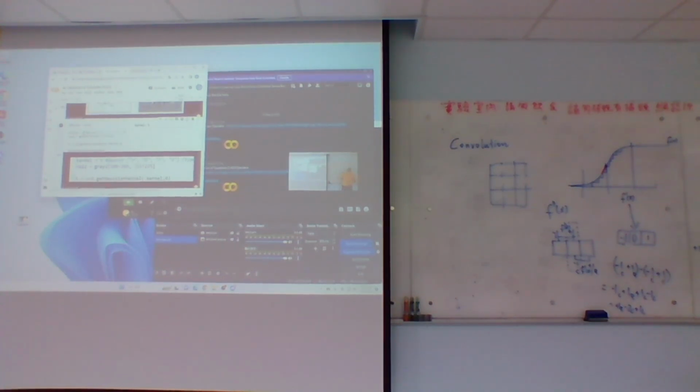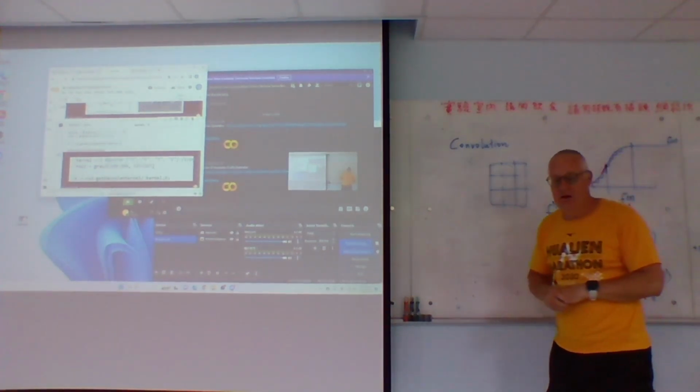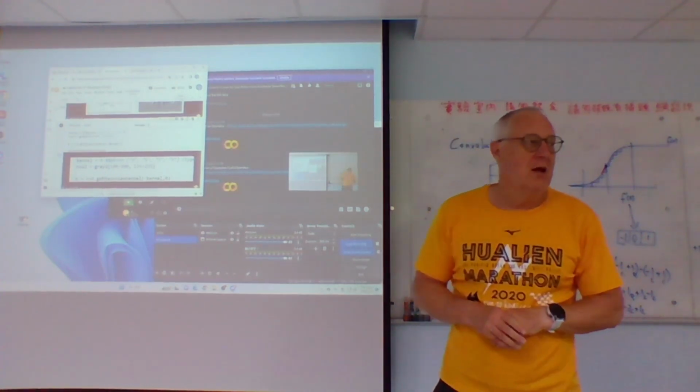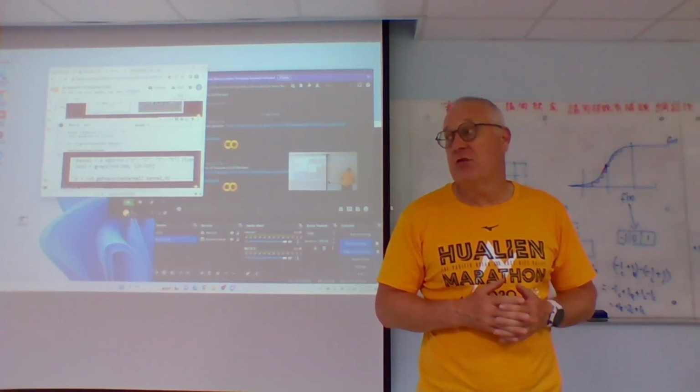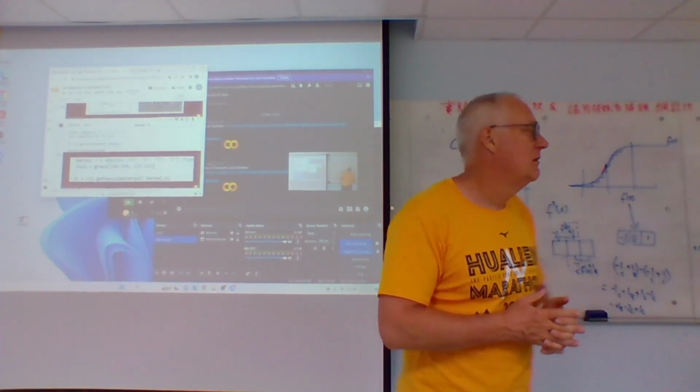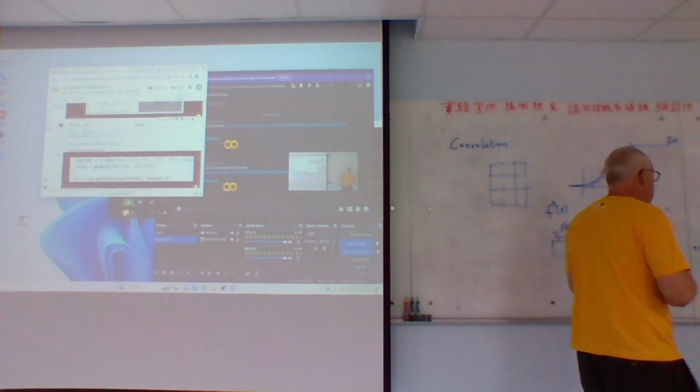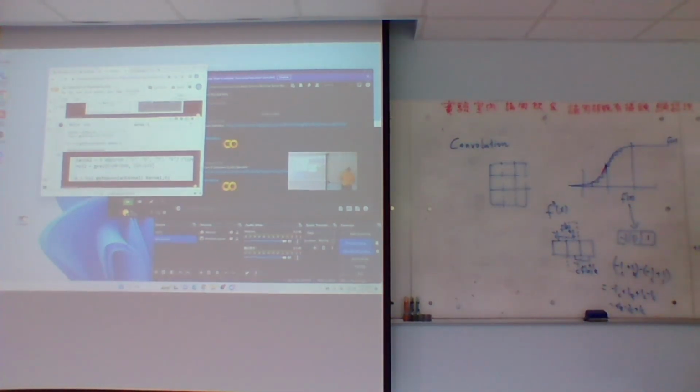So if noise is such a big problem that it will make my Laplacian operator basically useless, then before I apply the second derivative, and this is not just the Laplacian operator, this would be any operator based on the second derivative, I make sure that I remove the noise as much as I can. And that operation is called a blur, right? We're blurring the image.